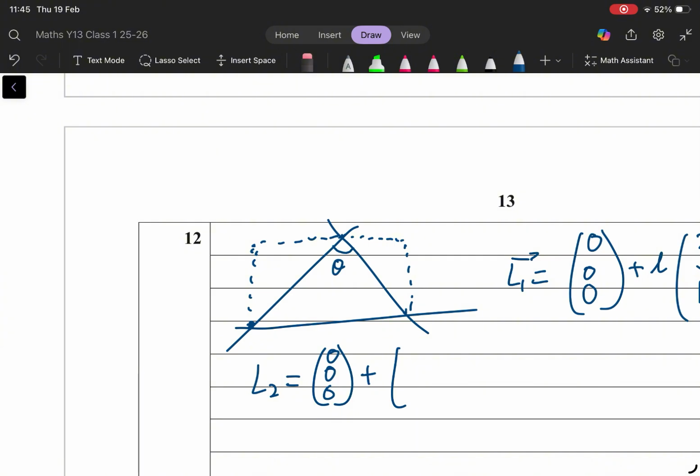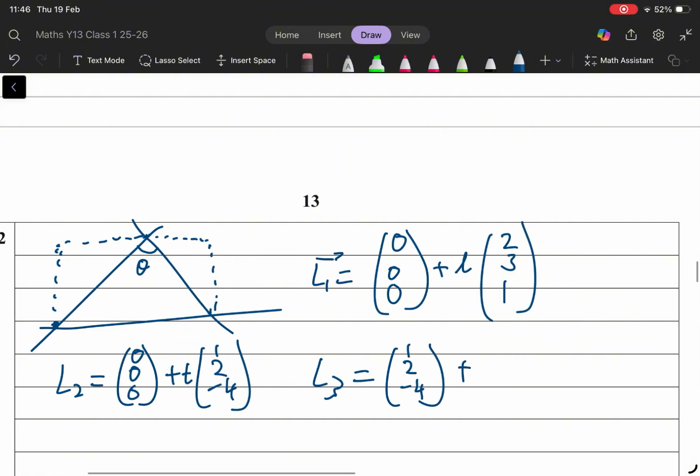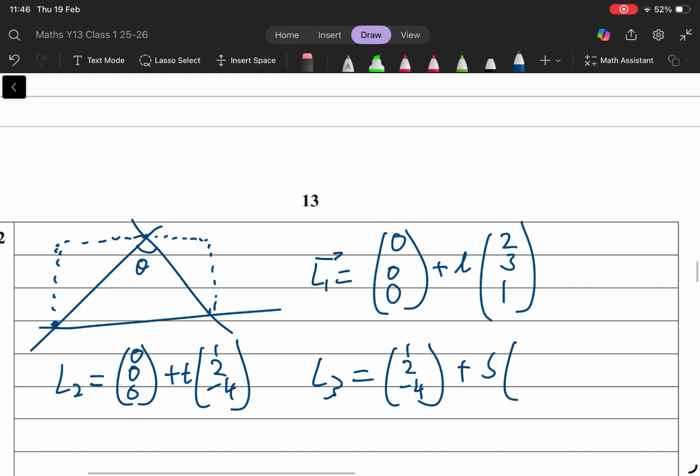No, not the last one, actually. Then L3 is going to be equal to (1, 2, -4) plus, let's call this S, for example, S (1, 1, 5).